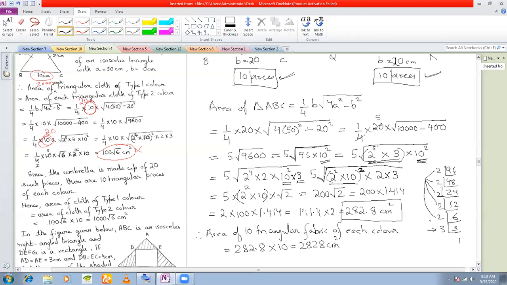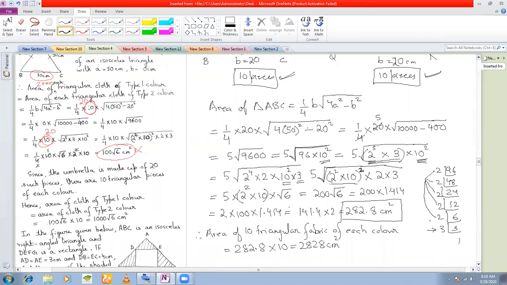And this 2 into 3, the 3 that I have forgotten to write, this must become 6. Okay. And therefore, if you multiply this, you get 200. This time it becomes 200 root 6. This becomes 200 root 6.